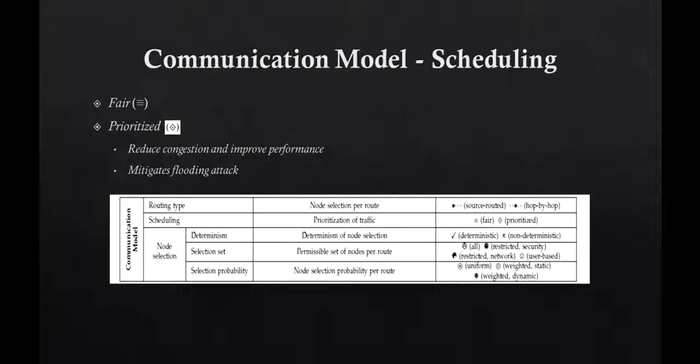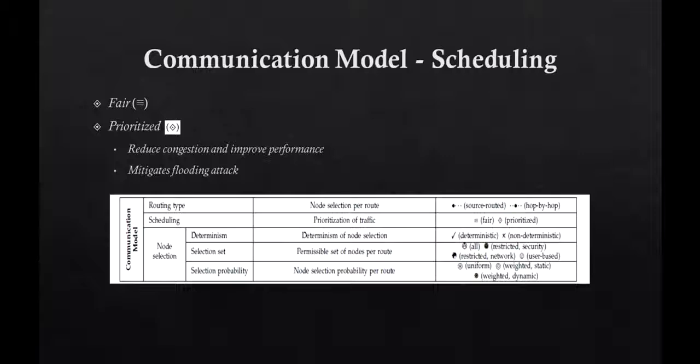Communication model scheduling. Scheduling means incoming requests are served based on some priority. It can be either fair or prioritized. Fair is when all the types of connections are treated same. Prioritized means certain connections are given priority over other.